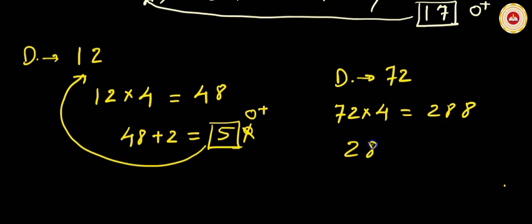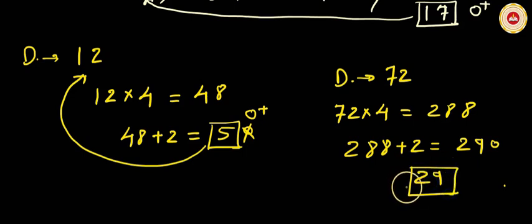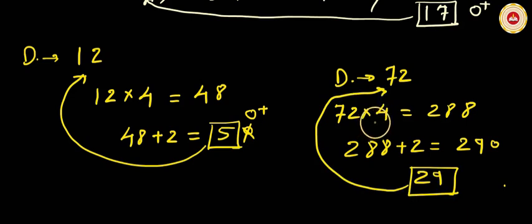Correct? Now add to this 288, add 2 and you get 290. Neglect this 0 and write this 29. This 29 is positive osculator for given divisor 72.